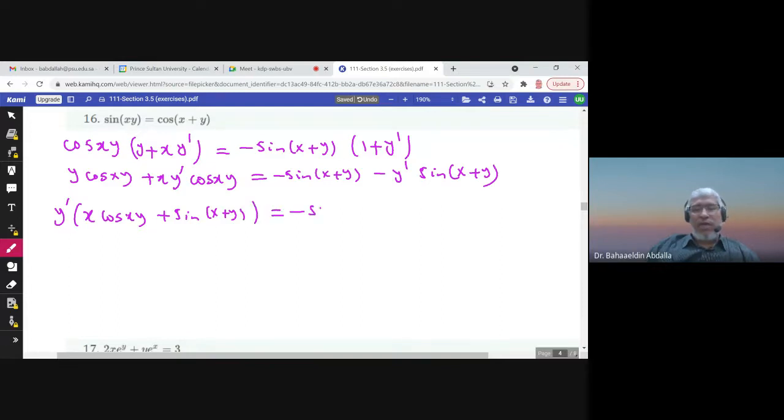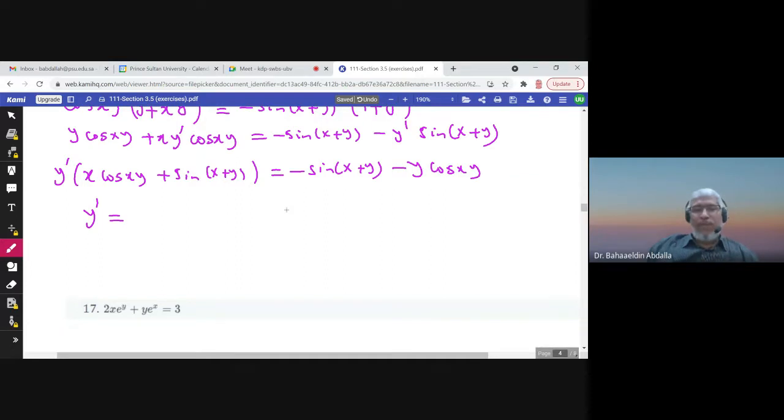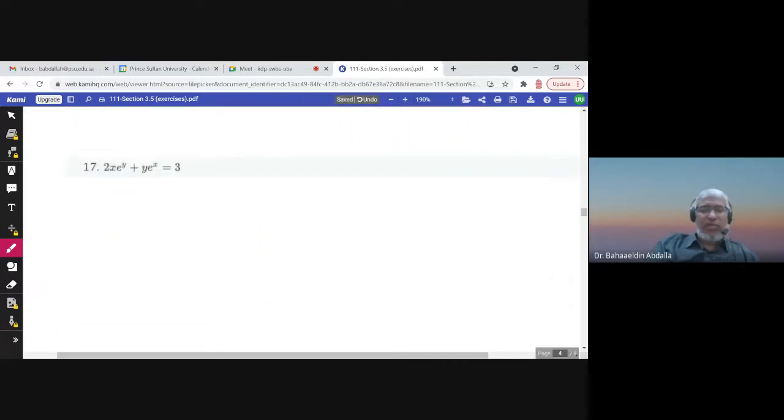And on this side I have negative sine(x plus y), and also I'll bring y cosine xy to this side. So y prime would be negative sine(x plus y) negative y cosine xy over sine(x plus y) plus x cosine xy, and that's y prime, no cancellation.